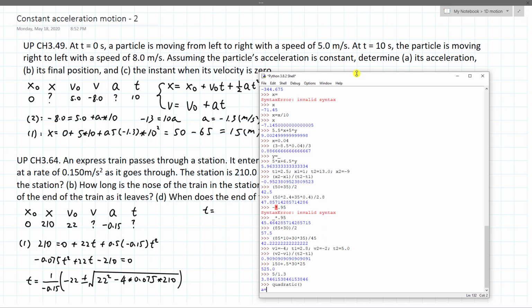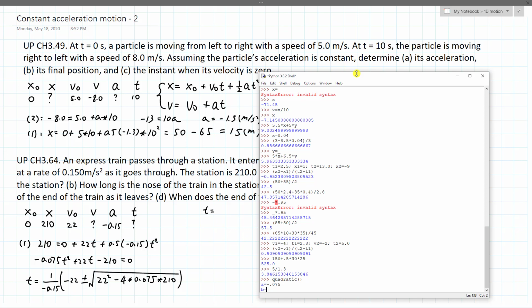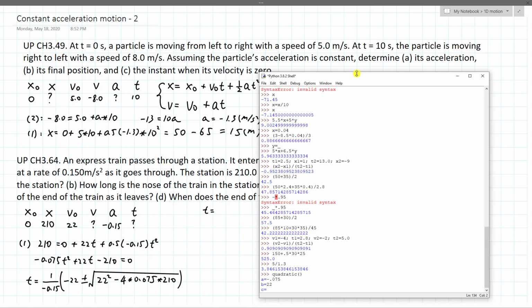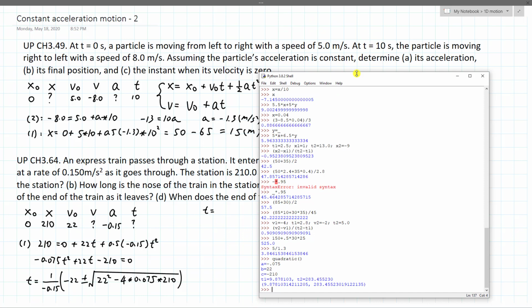So the a value and b value and then c value. Okay, so now I have two answers. One of them has about 10 seconds, the other is over 280 seconds.